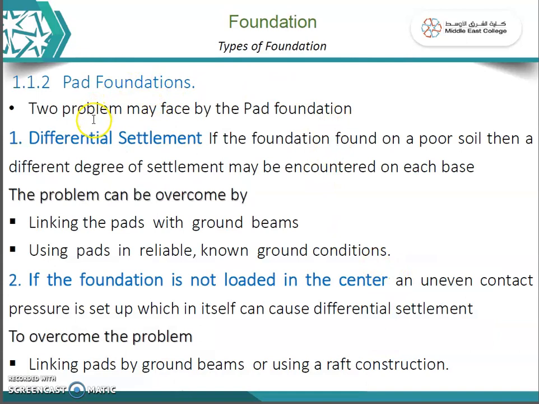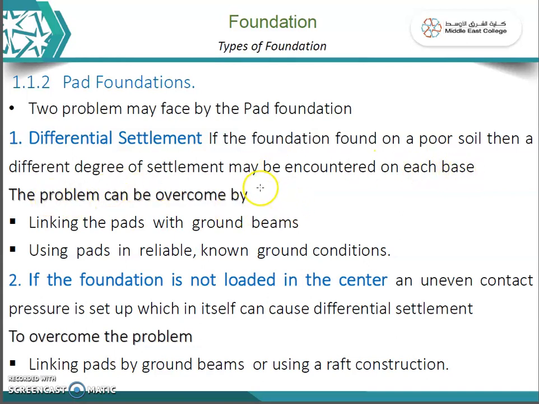There are two problems that may arise in pad foundations. One is differential settlement, and the other is when the foundation is not loaded in the center. Differential settlement: if the foundation is founded on poor soil, then a different degree of settlement may be encountered on each base.